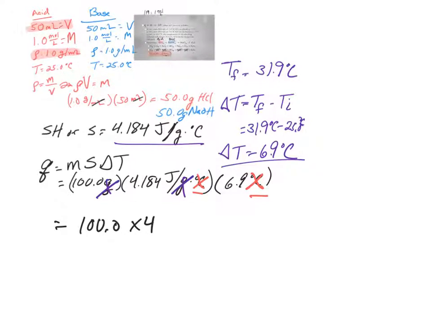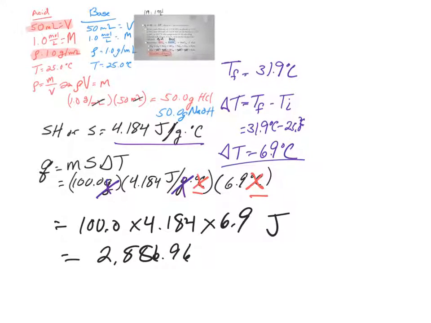Sorry, I'm looking at two things at the same time. And this will be in joules. When you calculate this out, your calculator should show a number like 2,886.96, and again, the units are in joules, but you need to look at significant figures.